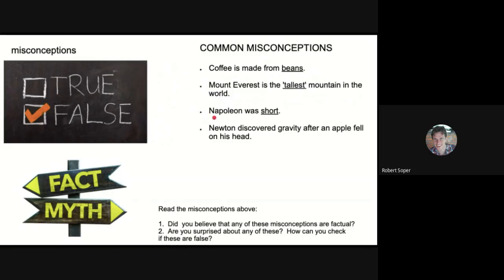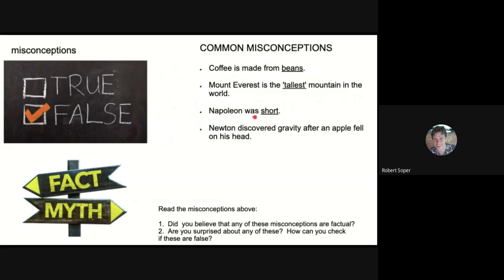Let's talk about this one. Napoleon was short. Again, this is a common misconception. We sometimes have the phrase "Napoleon complex" for a person who has problems because of their height. They believe they're small and try to compensate for it in certain ways, right? Pretending to be stronger than what they actually are.